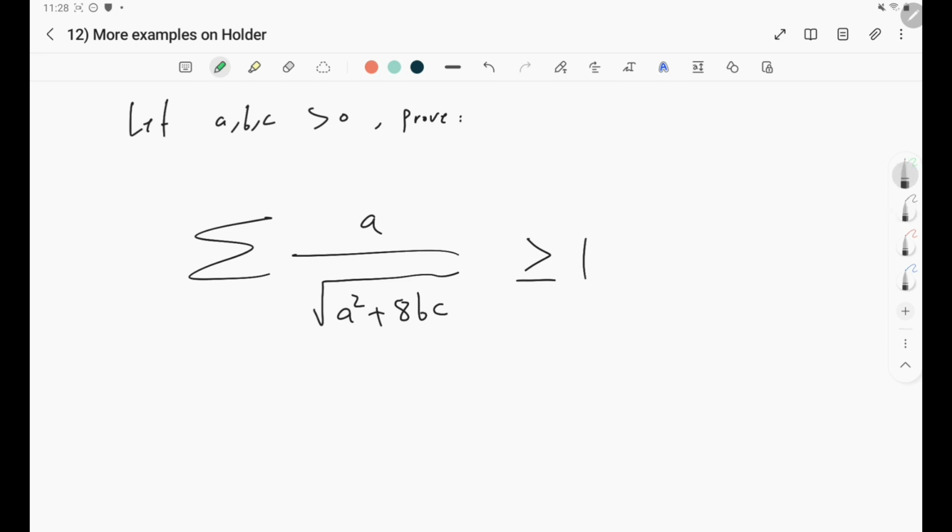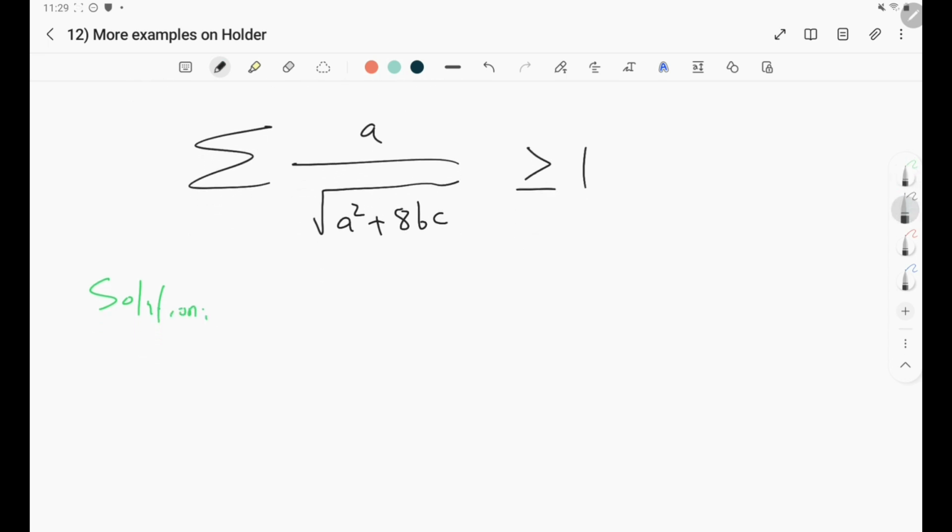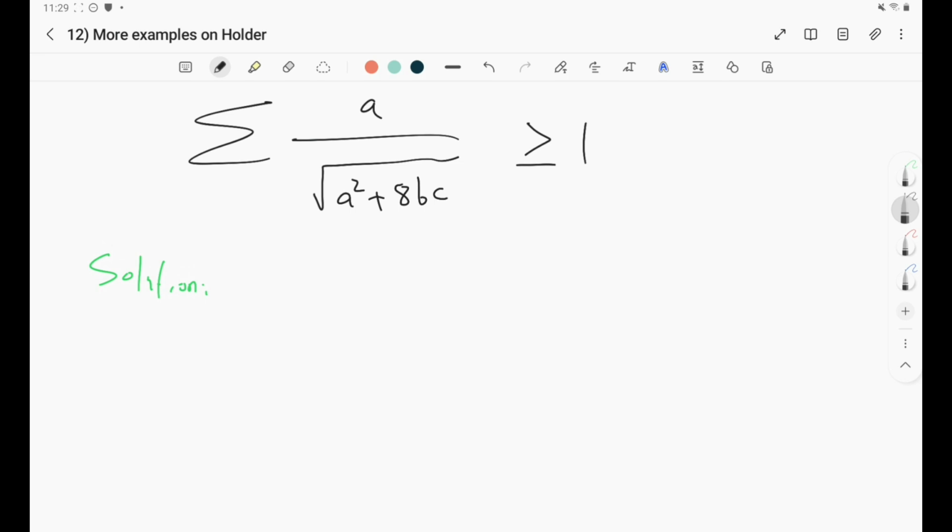Okay, let's see how we can handle this question. First of all, what we notice is that we have a fraction here, and of course we know that both Cauchy and Holder are very nice to clear denominators. So of course this should be the thing we want to try. So let's try to do either Cauchy or Holder.